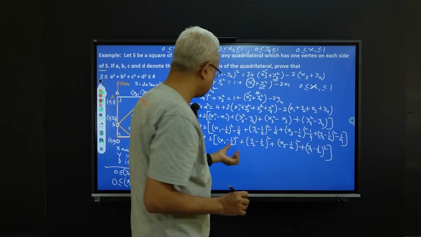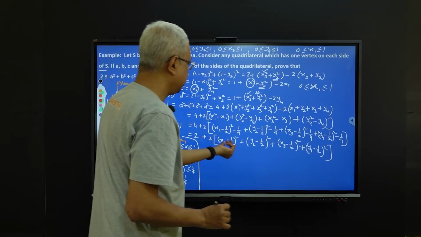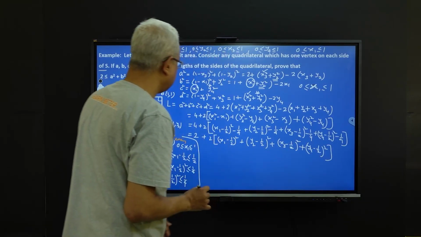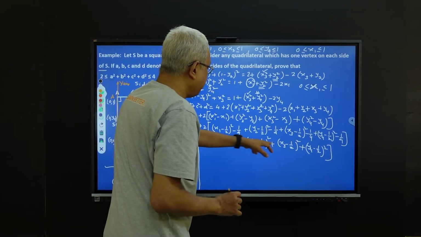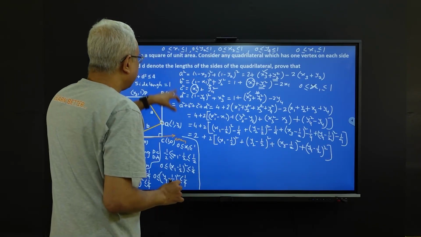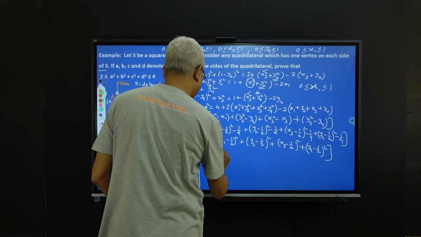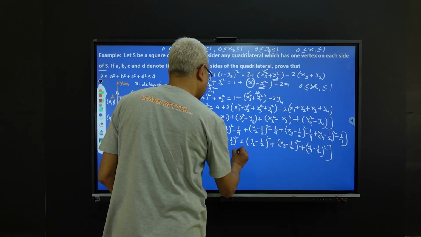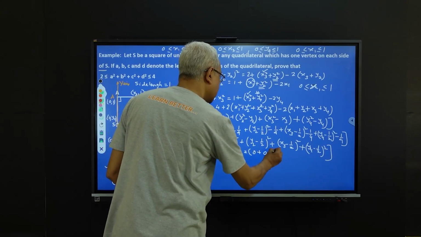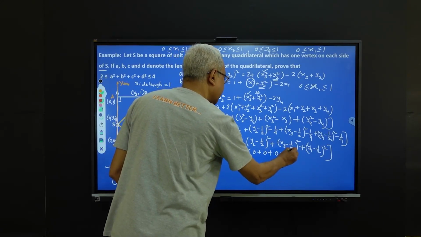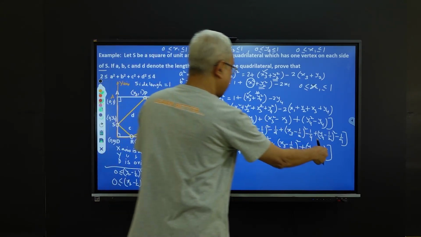So these quantities within the bracket, their minimum values are 0. So when they have their minimum values, L minimum becomes 2 plus 2 into 0 plus 0 plus 0 plus 0, because I have 4 square terms inside the square bracket.